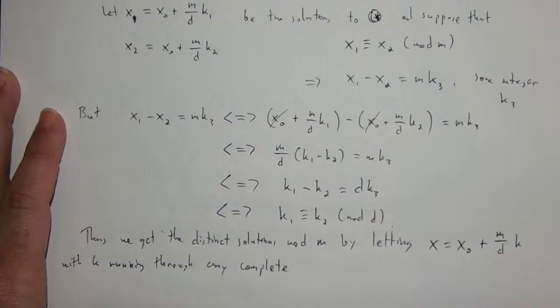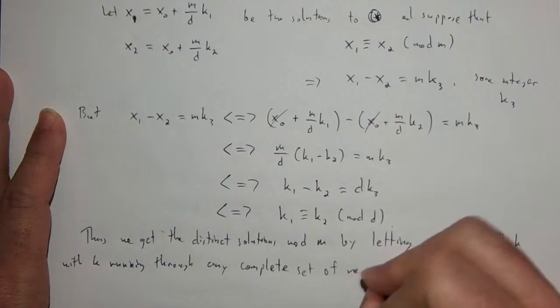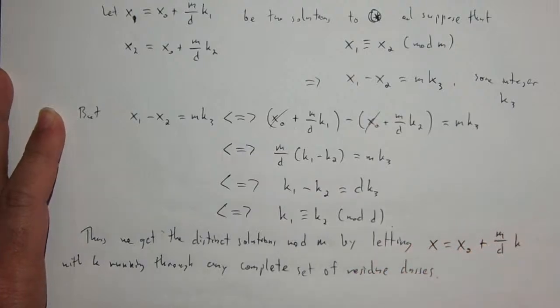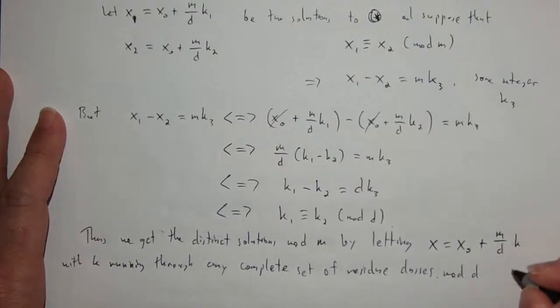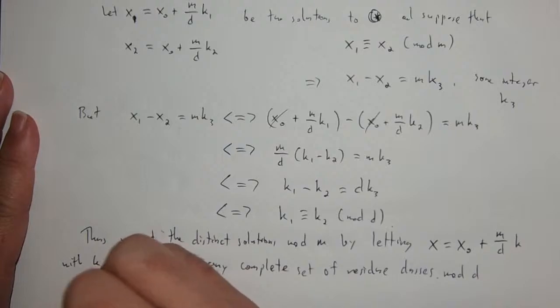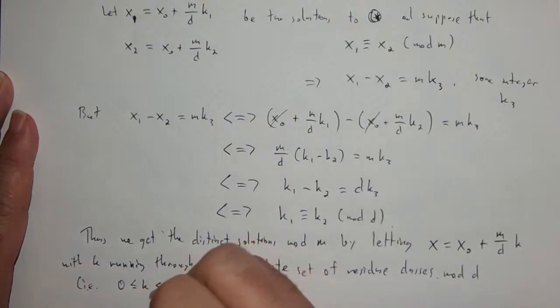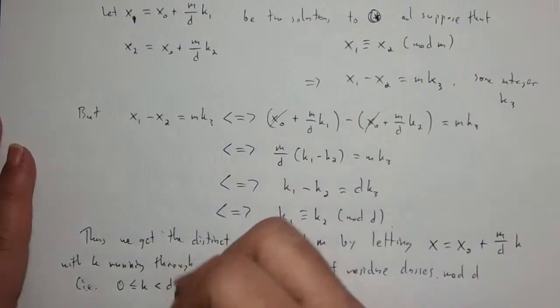So with k running through any complete set of residue classes mod d, i.e., just being as simple as possible, if we're taking the least non-negative residue classes, k is greater than or equal to 0 and strictly less than d.